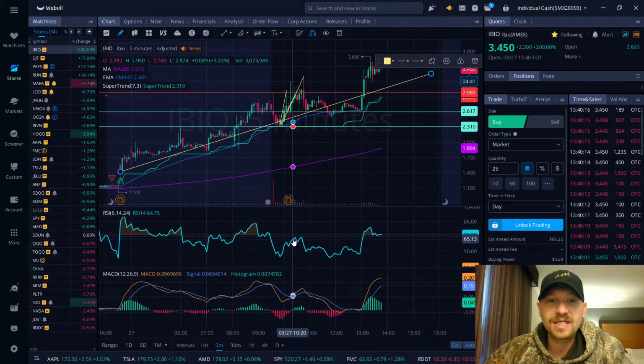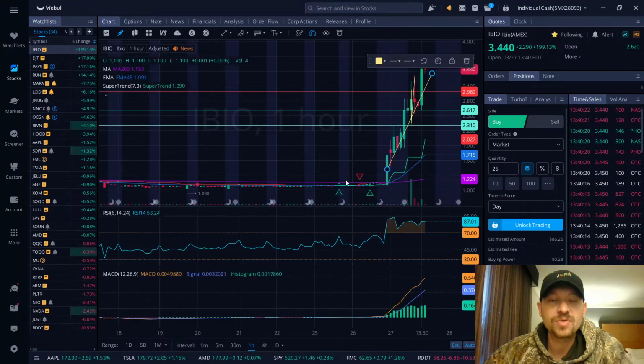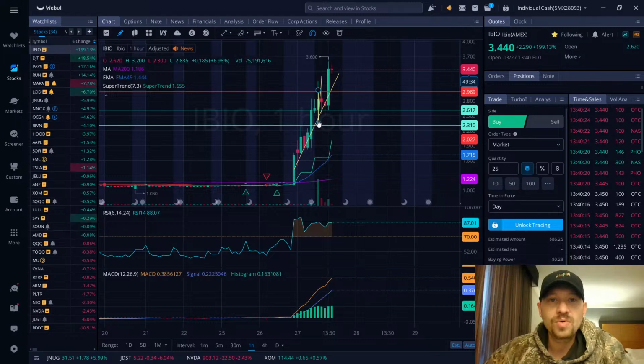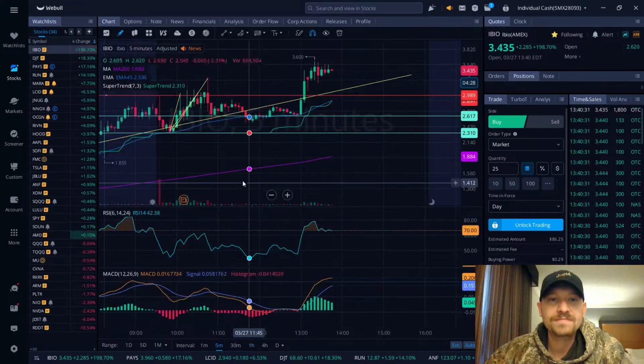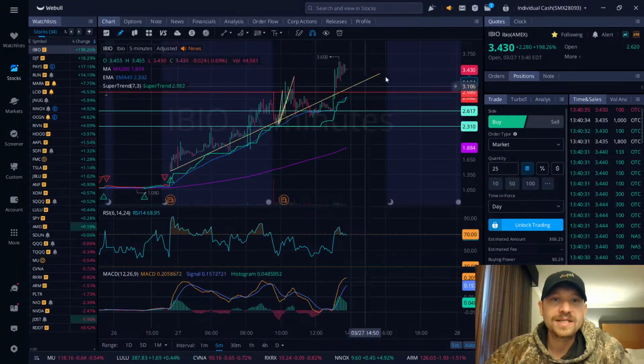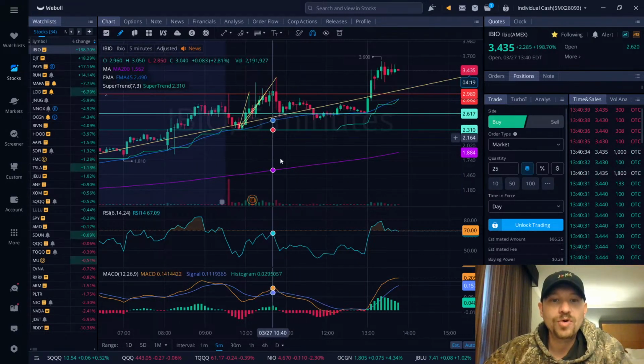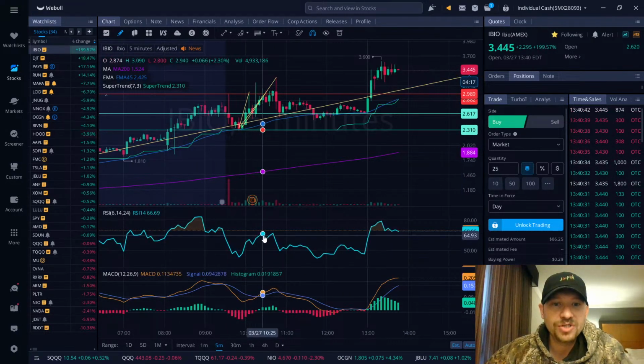We are using the 5 minute, so let's go 1 hour. Whew, 1 hour isn't even going to work for us. I guess it could work. Let's go to 5 minute again. And as you can see, clearly it's following this trend. Now a good opportunity for a breakout. As you can see, the divergence here.